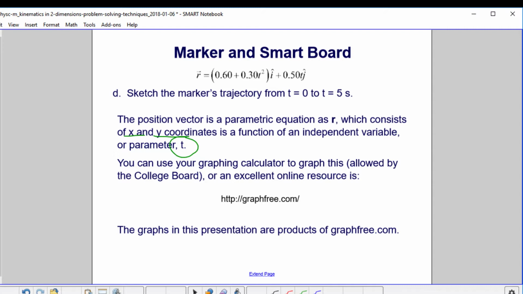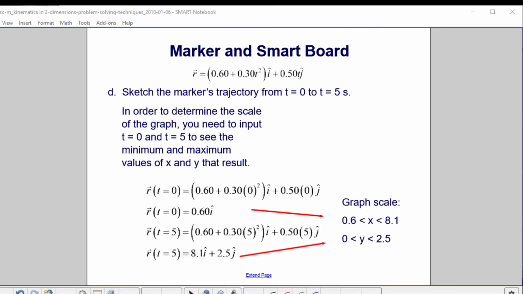And to graph this, you can either use your graphing calculator, which is allowed by the College Board, or if you're doing it at home or at school, there's a wonderful online resource. I'm sure there are other ones, but this is the one I use, graph-free.com. So the graphs you see in this presentation are products of graph-free.com. The first thing we have to do is determine the scale of the graph.